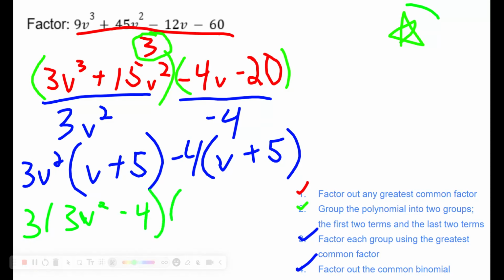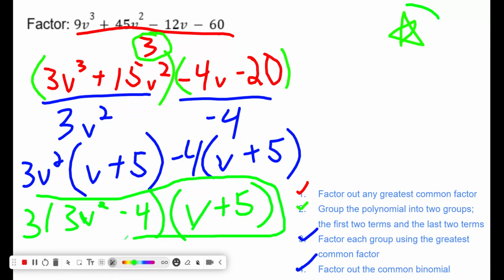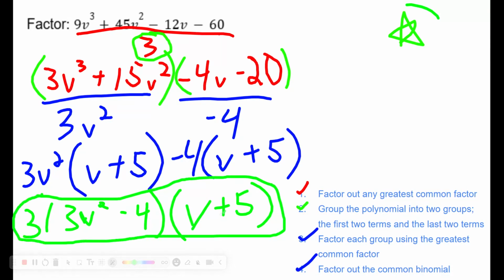Minus 4 times v plus 5. This is the fully factored grouping of this up here. That's a 3v squared, because it should match this. 3 times 3v squared minus 4 times v plus 5.